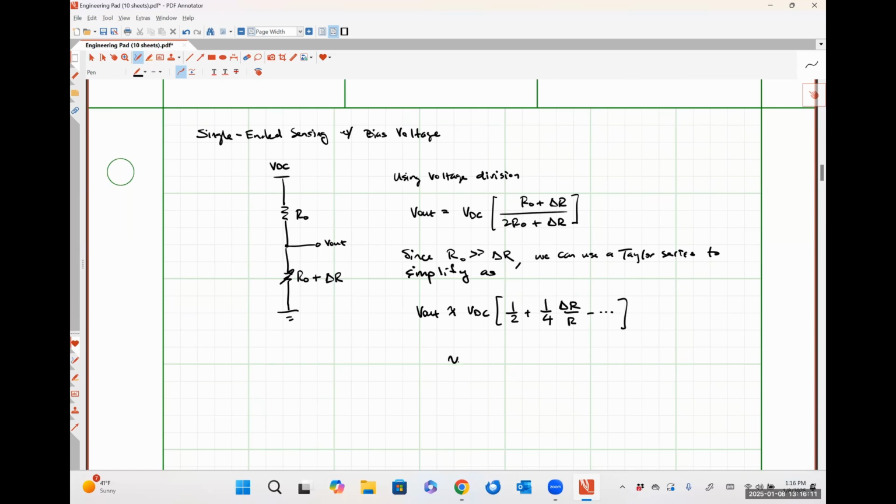So this would come out to be 1/2 VDC plus 1/4, substituting in for delta R over R as pi L TL plus pi T TT, and then this is multiplied by VDC.